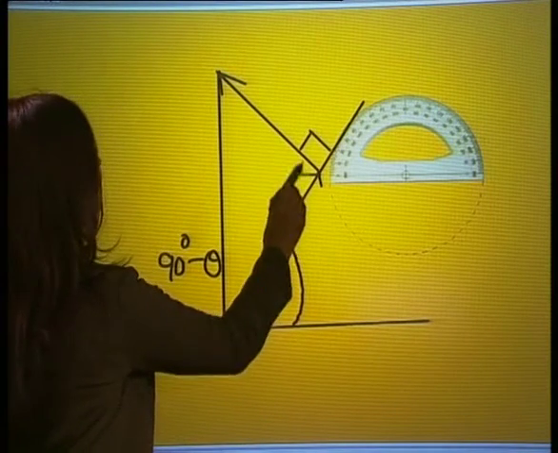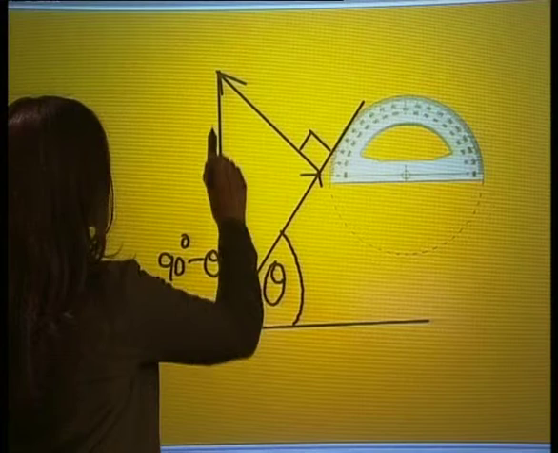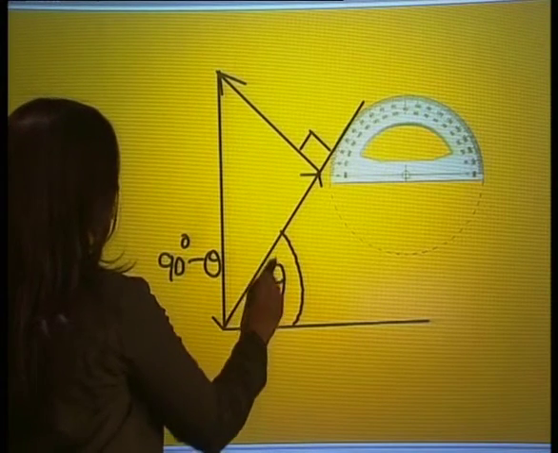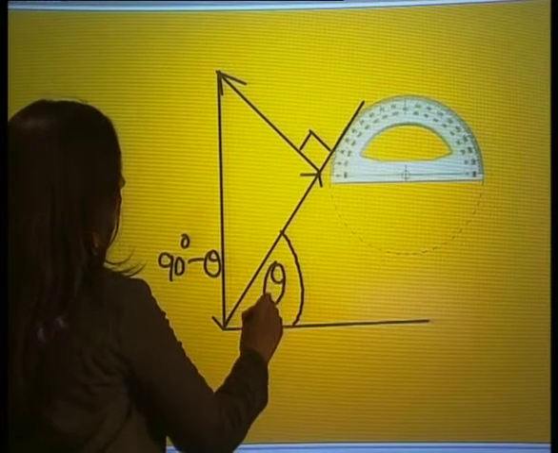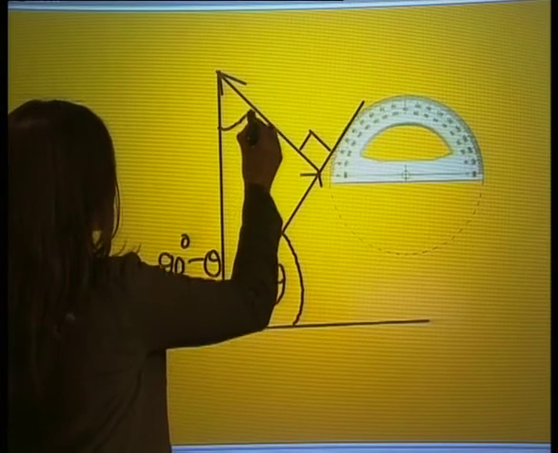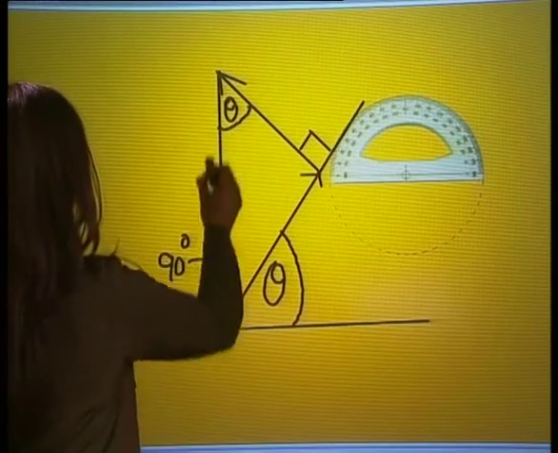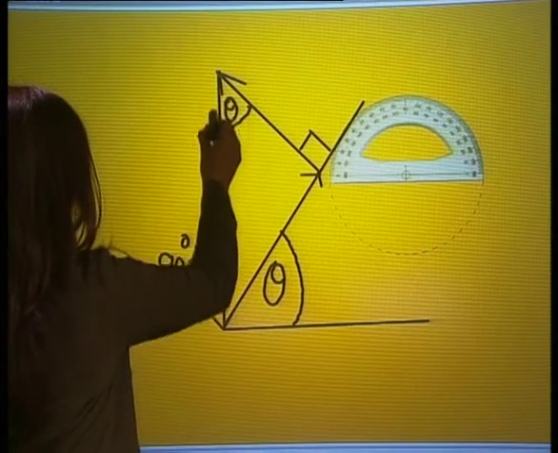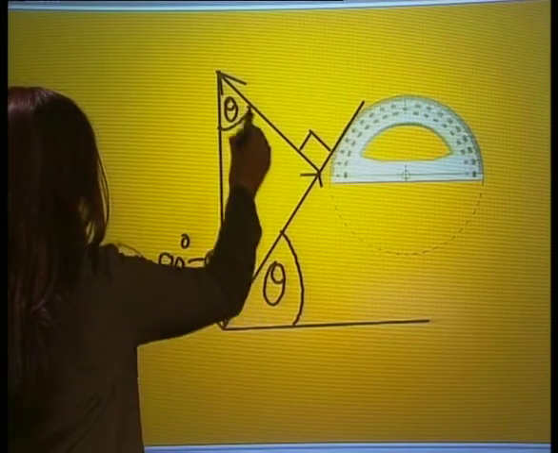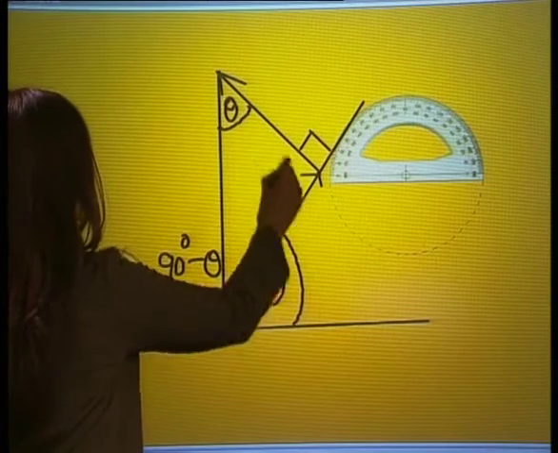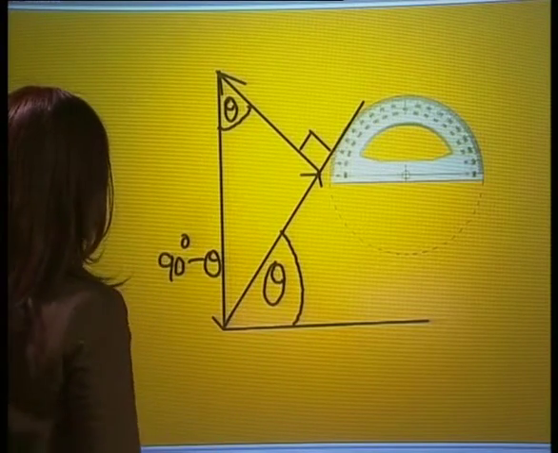Now the angle between the normal and the weight, this angle here, is equal to the angle of inclination which we have called theta. This is a very useful fact to recall when you are solving problems. Notice that in this triangle of forces, the vectors are placed head to tail. This is because the forces are in equilibrium and the body is at rest.